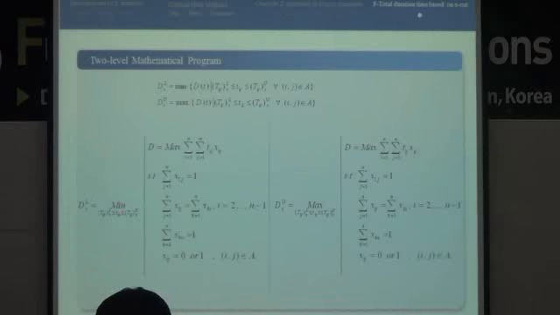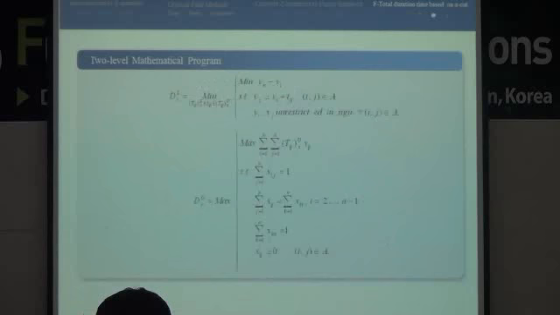We can solve this problem by using dual simplex, which is mentioned here. This is linear programming, one for the lower bound of each alpha cut and one for the upper bound of each alpha cut.